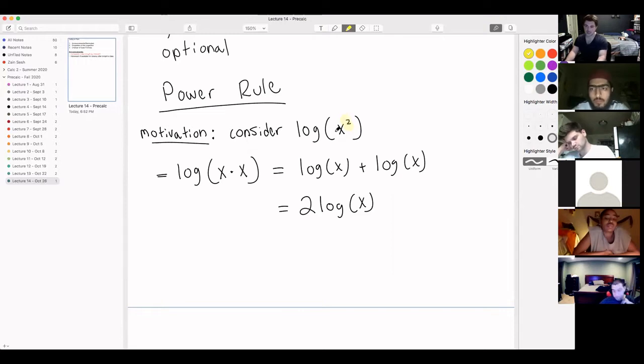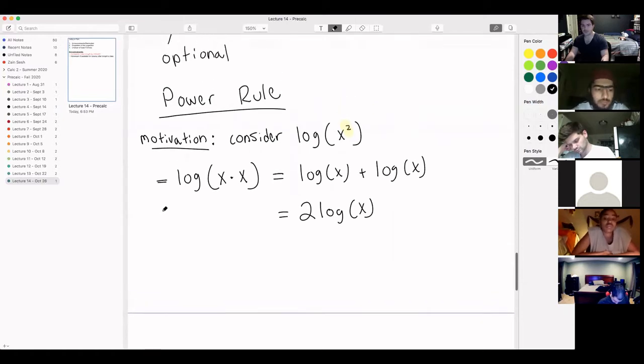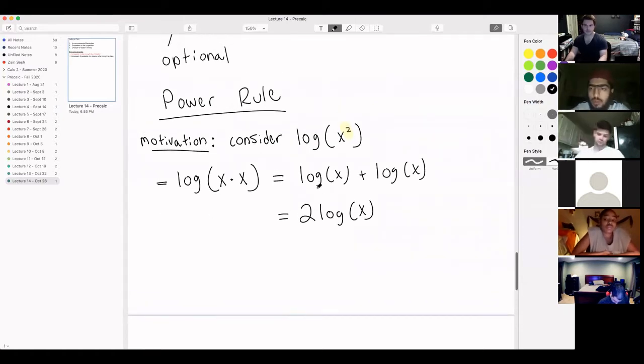The 2 in the x squared got removed and was placed out front as a coefficient. And that's the rule. How would you read that? 2 log x would be 2 times log x, or 2 log x. That works too. This is being multiplied: 2 times log x.